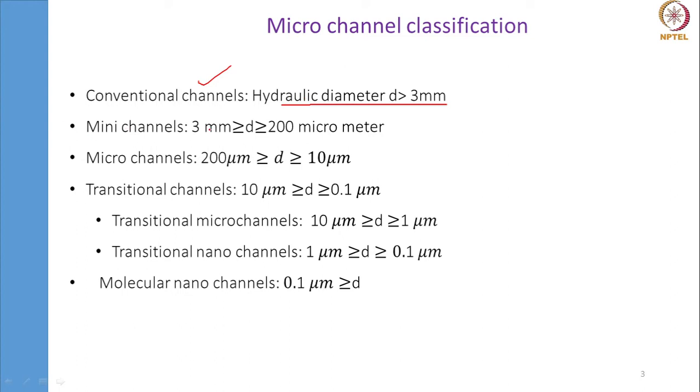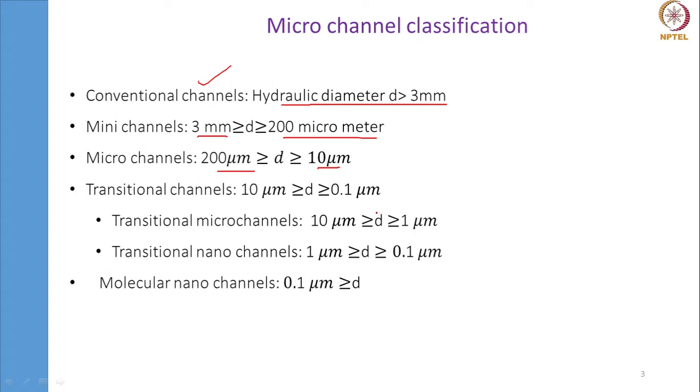For mini channels, if the hydraulic diameter ranges from 3 mm to 200 micron, such a type of geometry we are going to consider as a mini channel. And for micro channel, the hydraulic diameter is in the range of 200 microns to 10 microns.